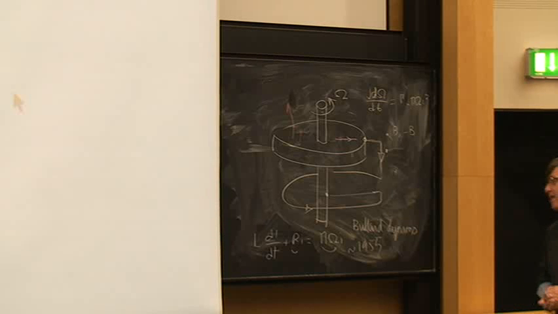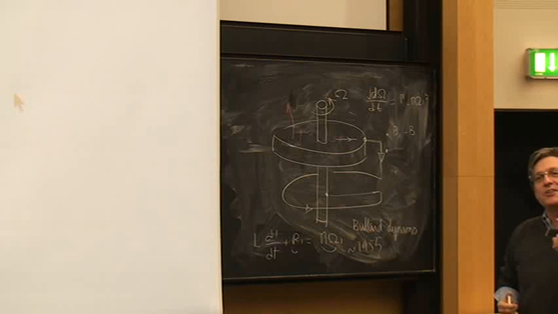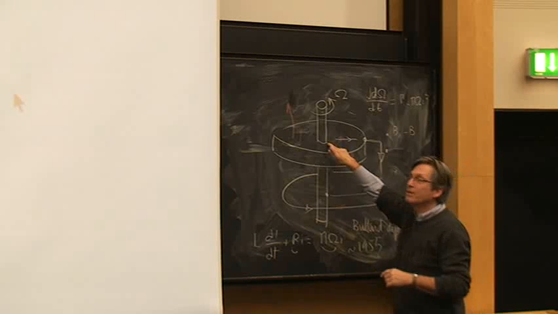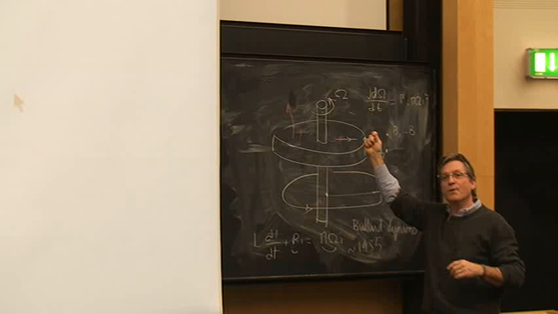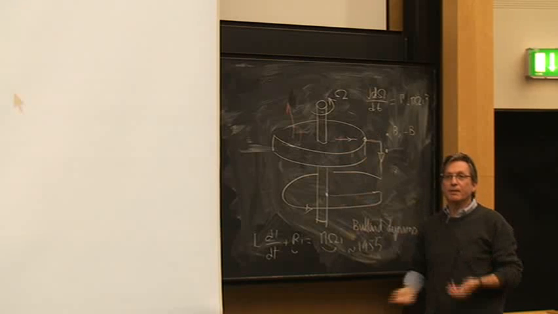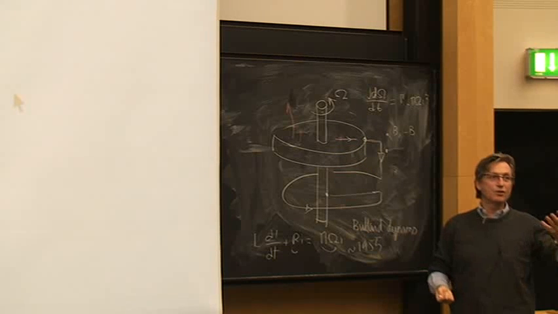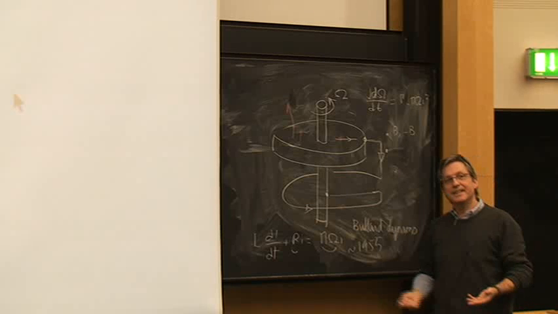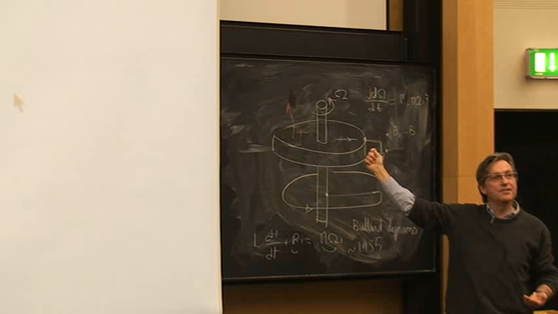So that's the elementary example. You can push that elementary example into a slightly more complicated one if, instead of operating the Bullard dynamo at a constant velocity, you operate it at a constant torque. And if you operate it at a constant torque, you start seeing oscillations.